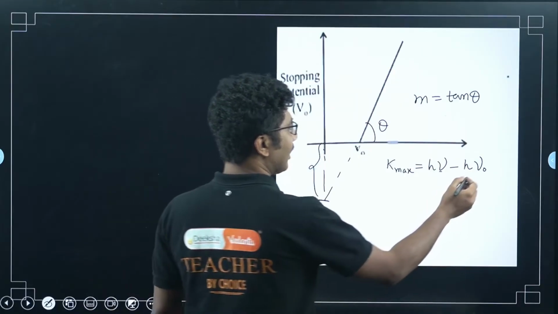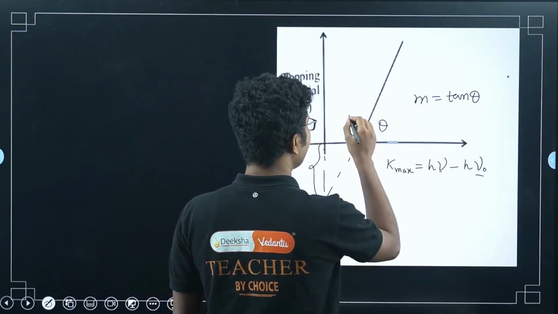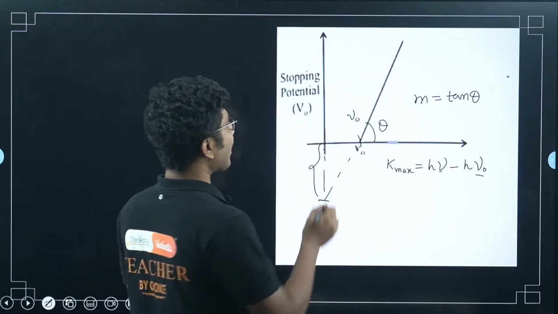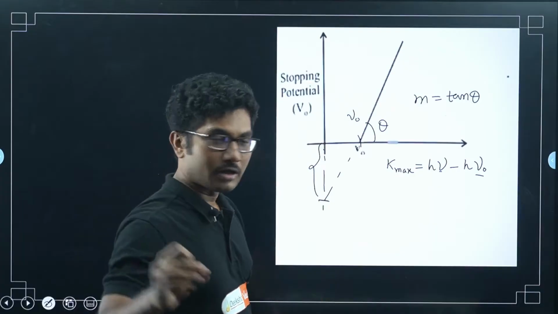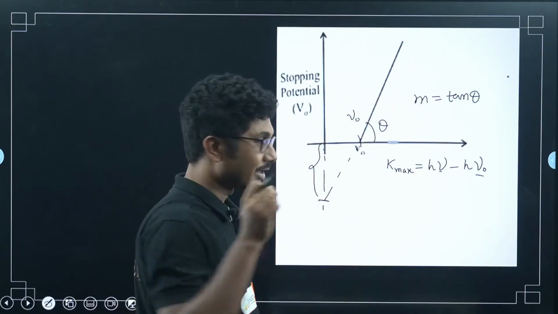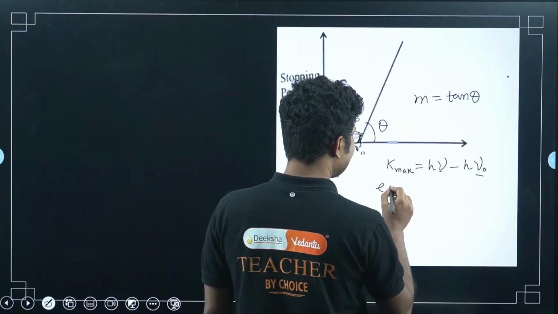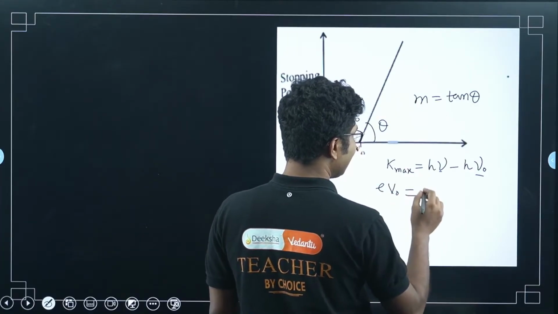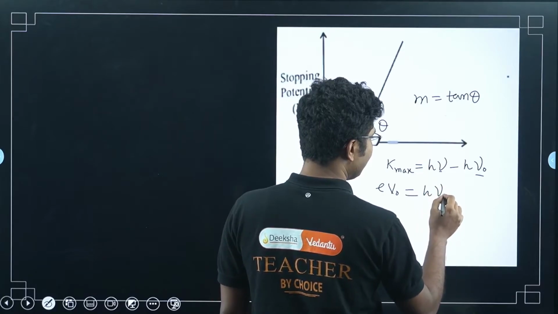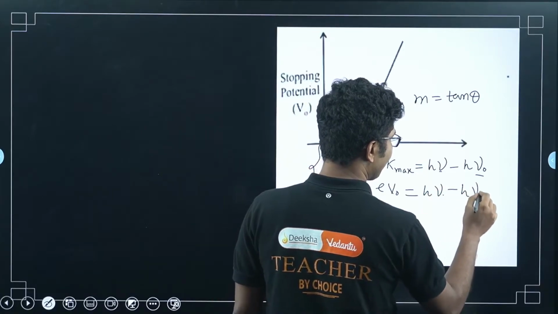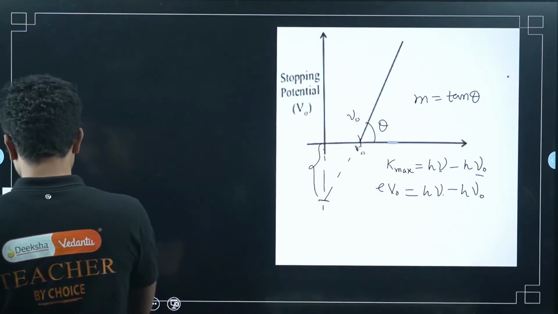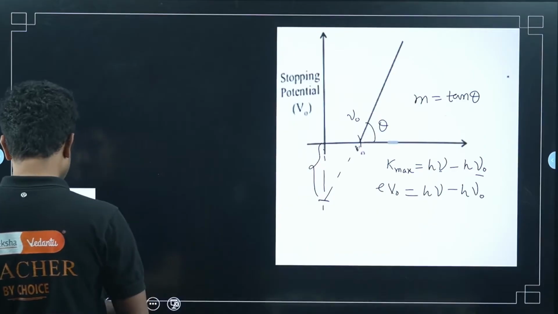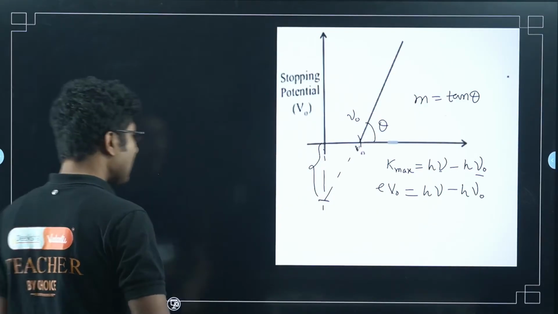If the stopping potential is V naught, we can write the potential difference V naught in terms of Kmax as e V naught equals h nu minus h nu naught, right? This much I have done in our lecture, that there are different variations of this equation. So we have already completed this.